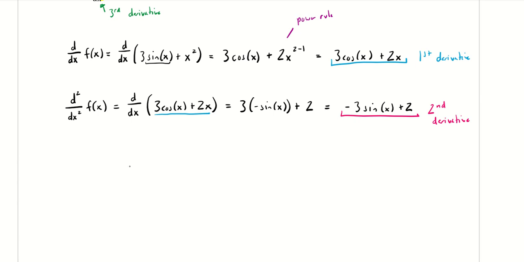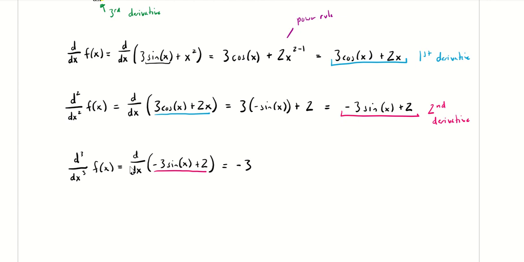Now one more to get my third. The third derivative of my function is going to be the derivative of my second derivative. So derivative of negative 3 times the sine of x plus 2. So now we have our constant negative 3, don't forget the negative.